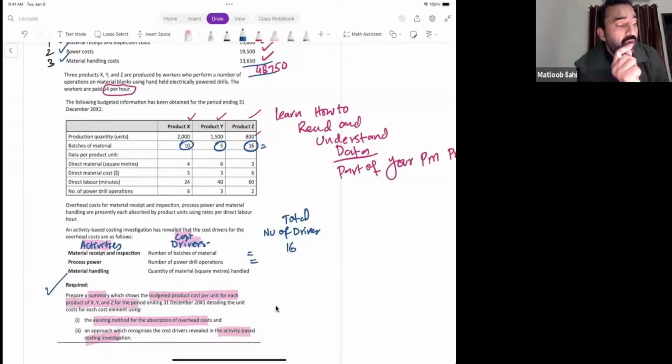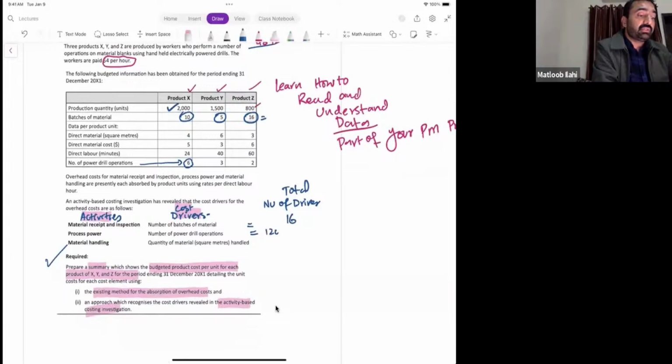Next, we need the total number of power drill operations. So how many power drill operations are required for product X? We are given data that the number of power drill operations for product X is 6 per unit. So if we are making 2,000 units, then the total for product X will be 2,000 multiplied by 6, which is equal to 12,000.